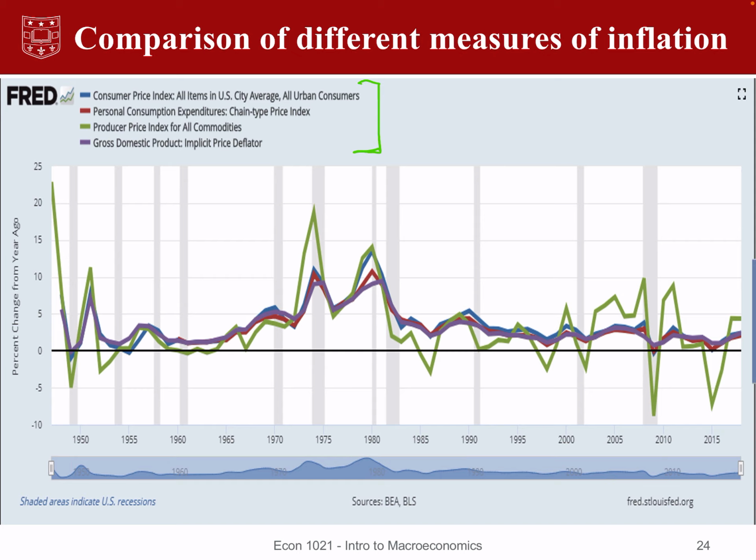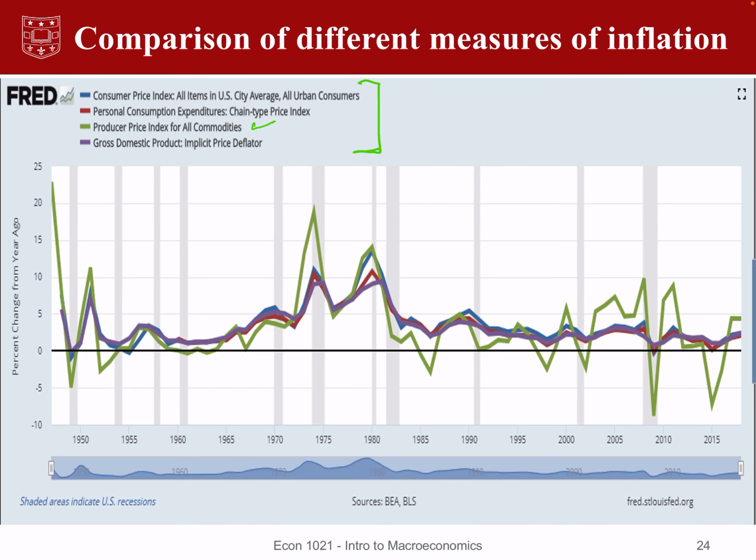So the producer price index in particular, this greenish one, is very, very volatile, again reflecting the fact that input prices are much more volatile than final goods prices are, like consumer prices. What you can see, however, is that if we look at the other three measures, they all tend to rise and fall together, the CPI, the deflator, and the PCE price index especially so. So you can see that when one is rising, another tends to be rising.